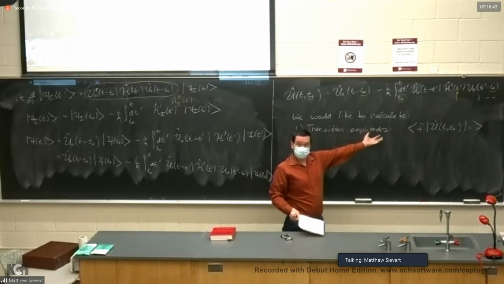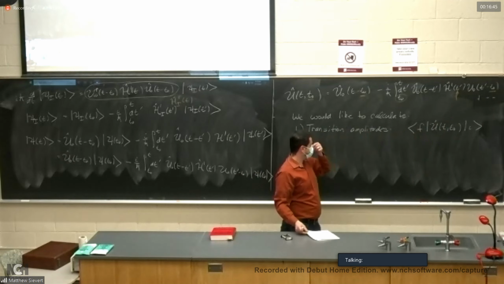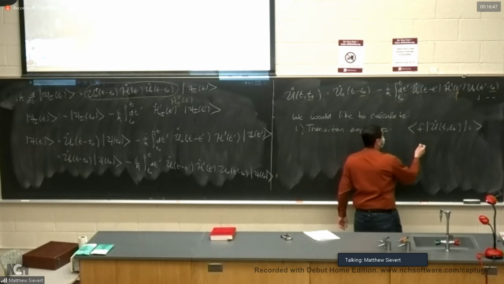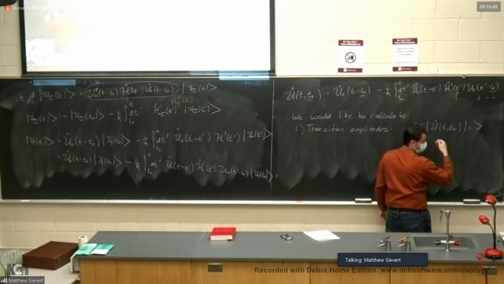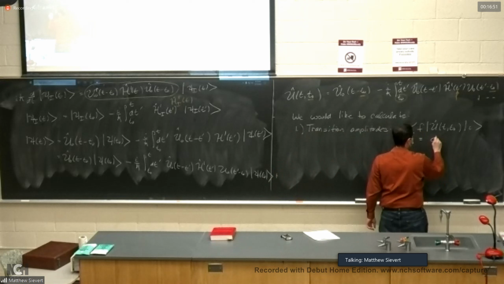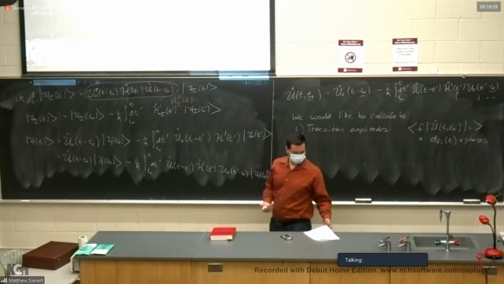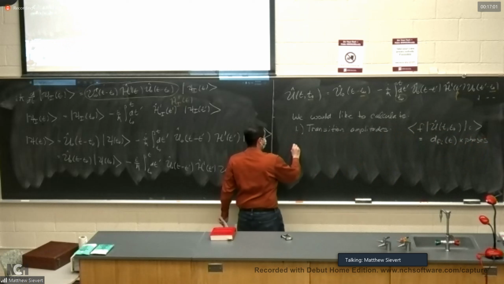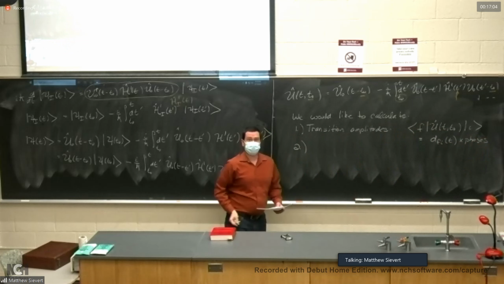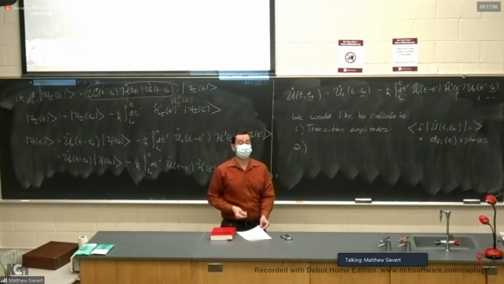This is sort of the building block for everything else. Up to some phase factors, this is what Shankar calls the coefficient d sub f I of t. So the second thing, which is of course related to the transition amplitude, is the transition probability.